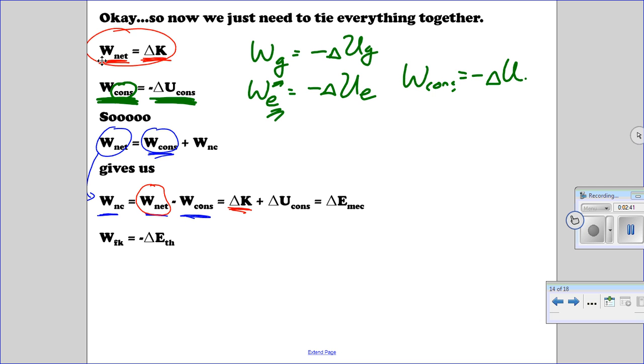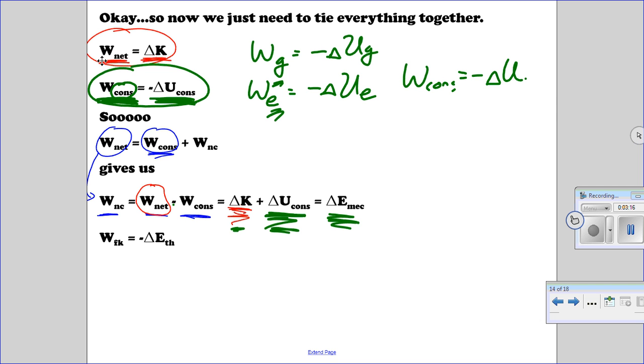And then I've got minus, well, the work done by conservative forces is negative change in potential energy. So minus a negative becomes plus the change in potential energy, right? Well, look, if I find the change in kinetic energy and I find the change in potential energy, then that's the change in mechanical energy, right? Because all mechanical energy is either kinetic or potential, okay?